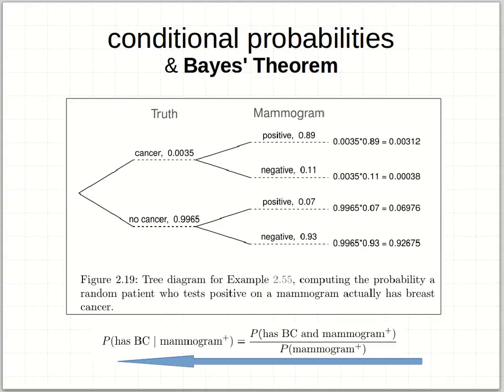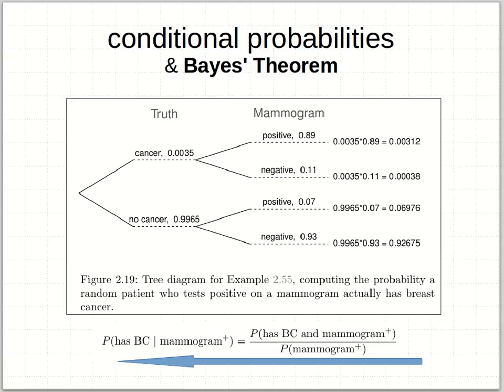So let's talk about how this would work. Bayesian theory says the probability that a patient has breast cancer given a positive mammogram test, that's this flow backwards here, all right, starting with the mammogram working back upwards, is the probability that there's breast cancer and positive mammogram divided by the probability of a positive mammogram, okay?